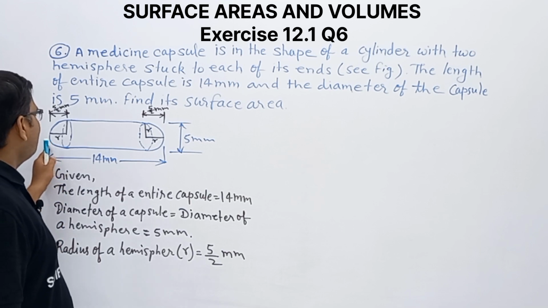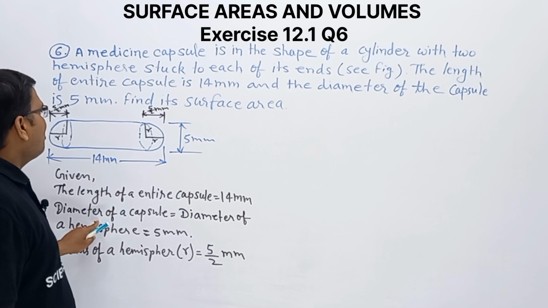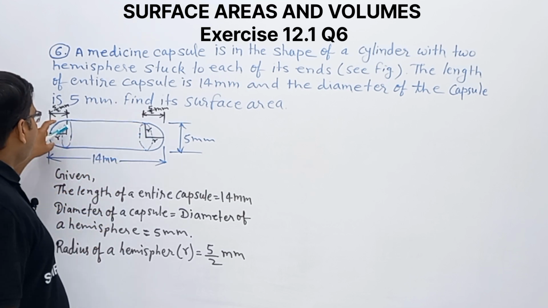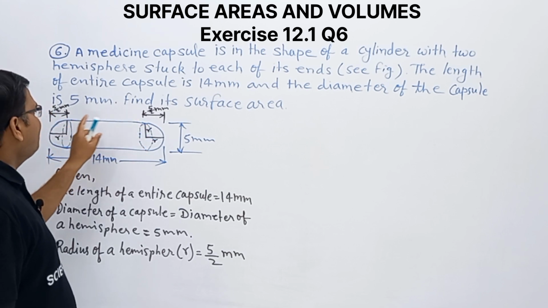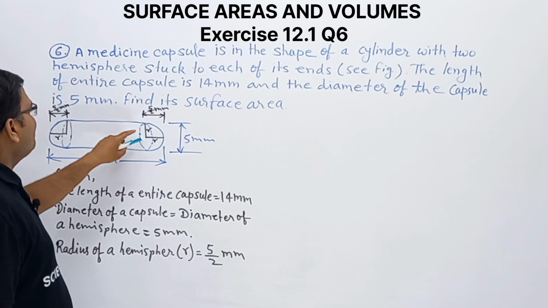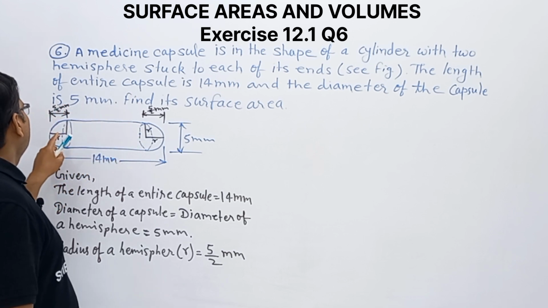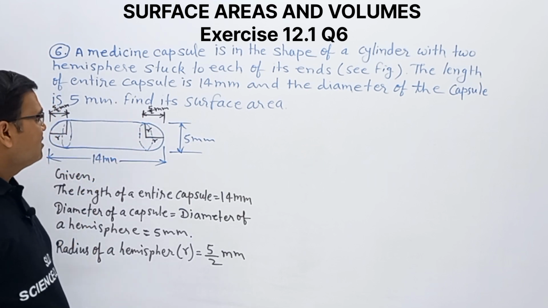The entire length of the capsule is 14 mm. The diameter of the capsule equals the diameter of a hemisphere. At both ends of the cylinder, we are adding hemispheres. Clear?